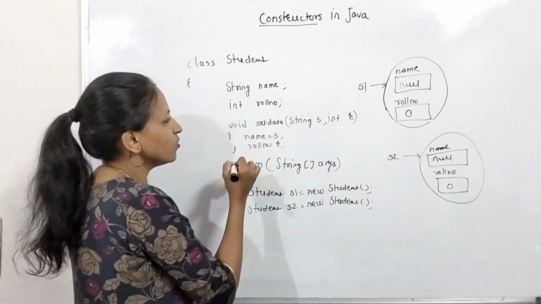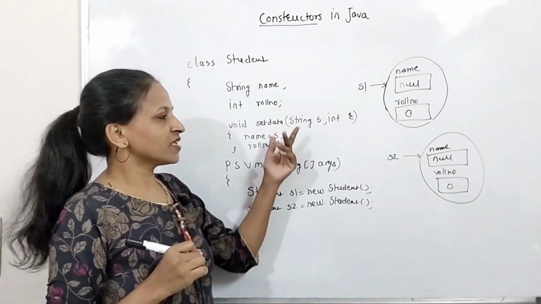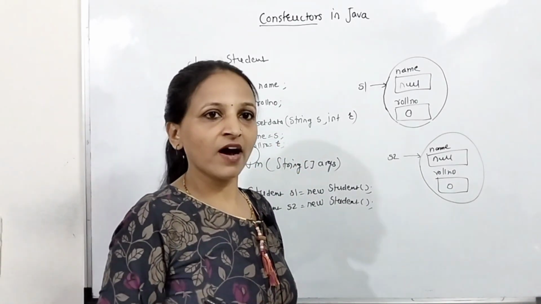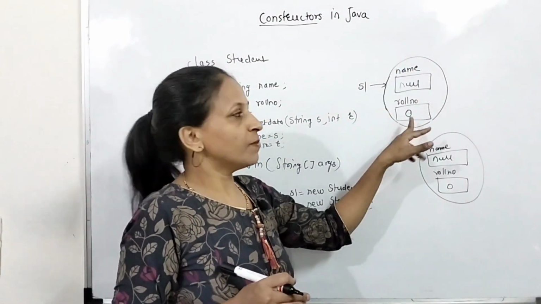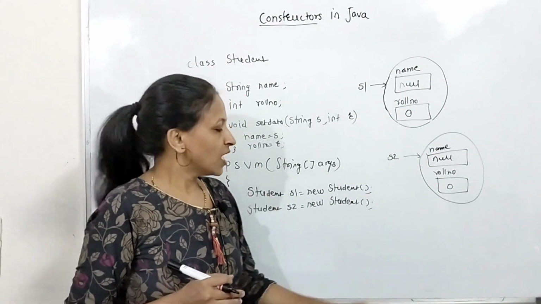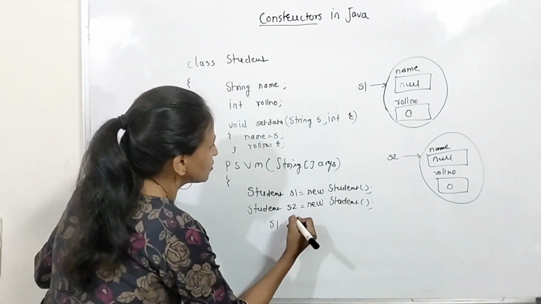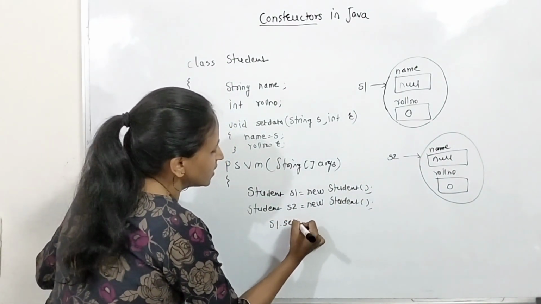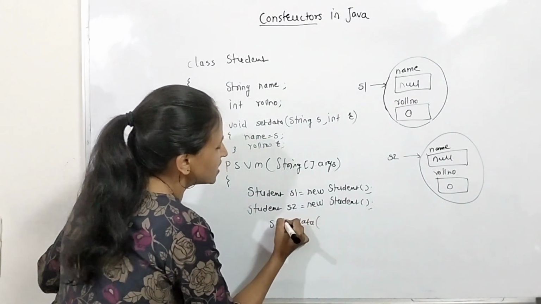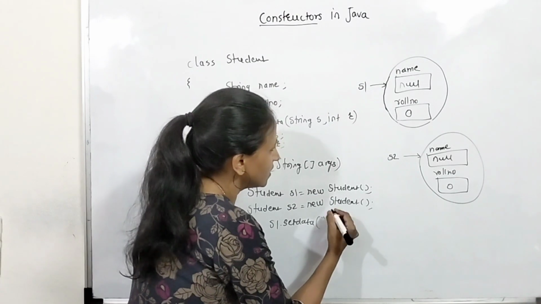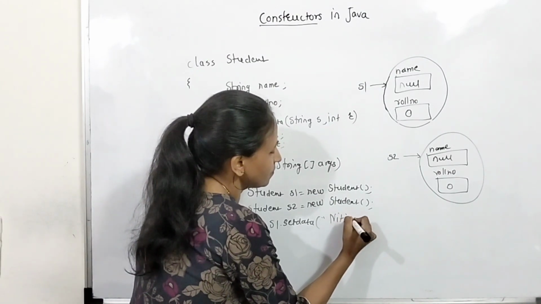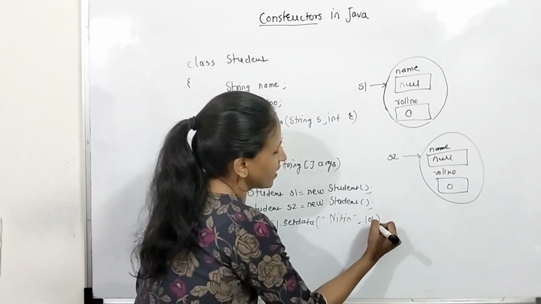In this way, we can call this setData method for all objects one by one for initializing these instance variables for those objects. Suppose I am calling like this: s1.setData. Now I have to pass name and roll number here. Suppose name is Nitin and roll number is 101.